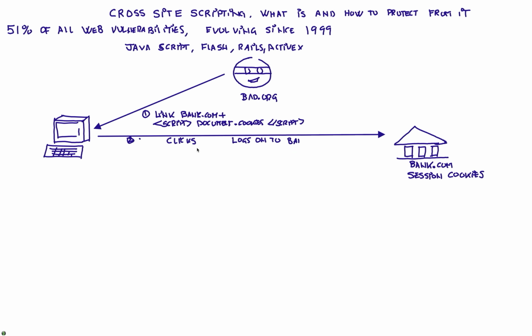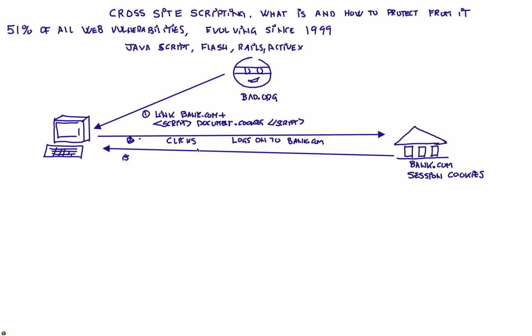So with the appropriate login, the bank unencrypts the session cookies. And because of the nature of cross-site scripting, when he puts, for example, his user ID in a field, the website doesn't invoke the script, but it reflects the script.